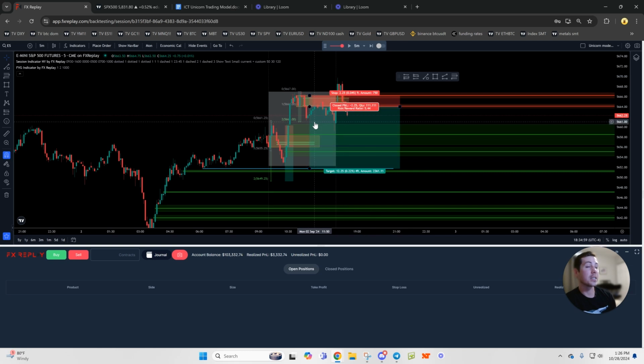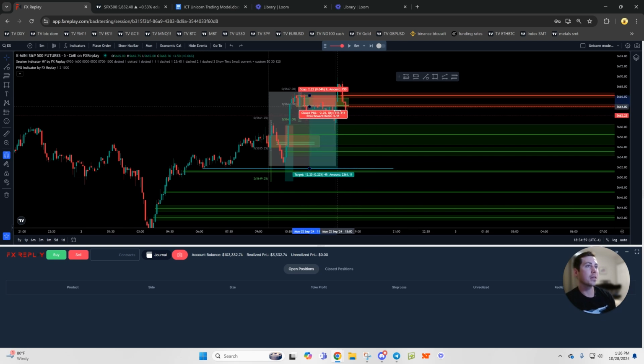But one potential thing we could do is either take partial profits at this 2 standard deviation. I think this one would have only been like 1.3R, so not really worth full TP at that point, but potentially at least putting stops to break even after that 2 standard deviation is tagged might have saved us from a loss today at least.